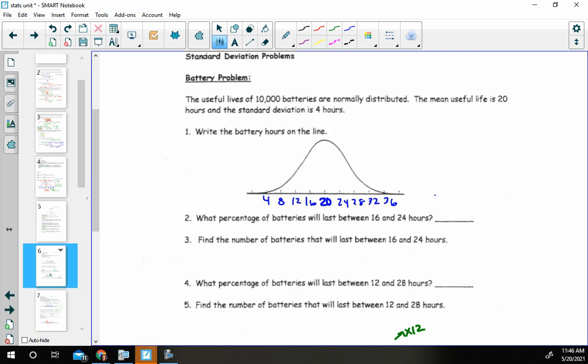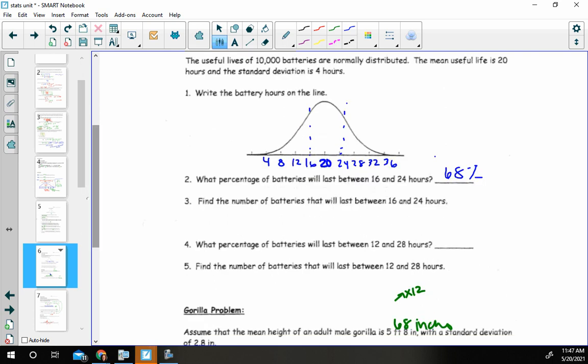All right. What percentage of batteries will last between 16 and 24? What percentage was that? Yeah, it's my first standard deviation. That means out of the 10,000, 68% of them would be between 16 and 24 hours. That's what the percentage stands for.